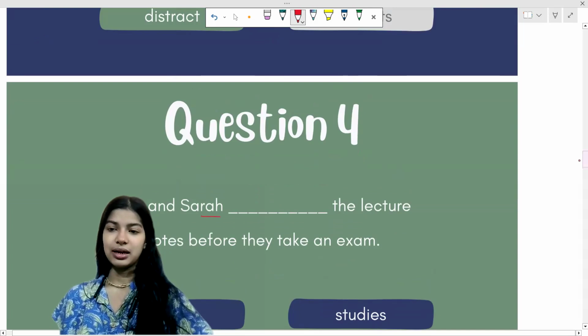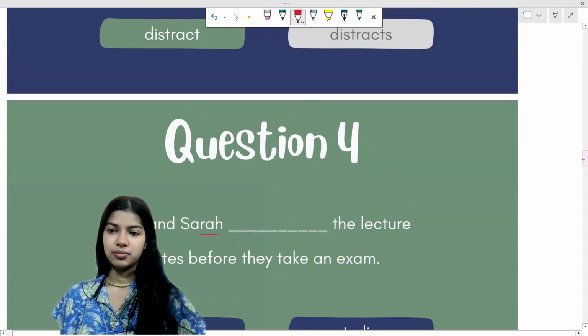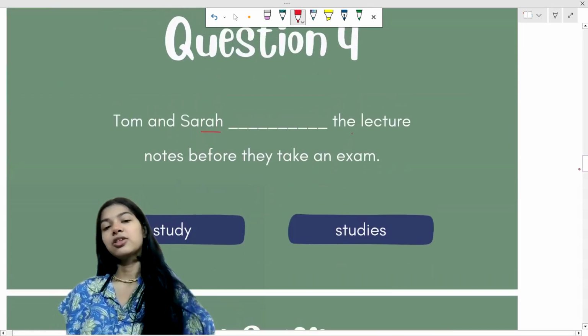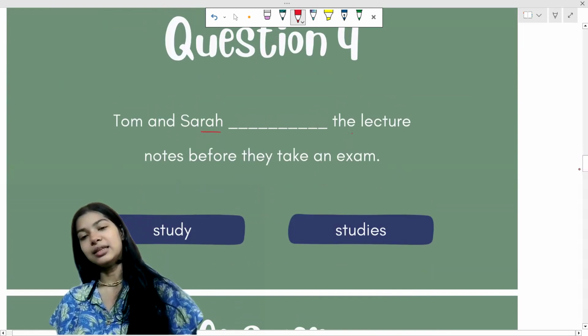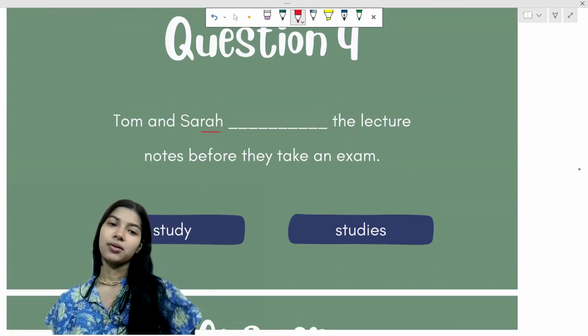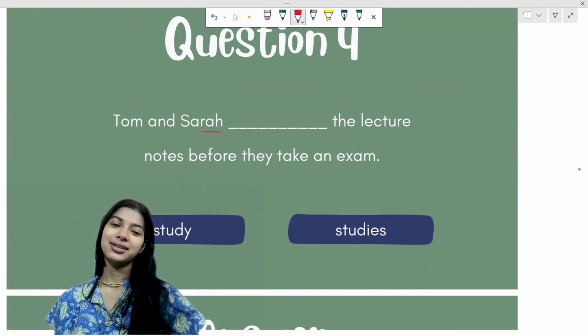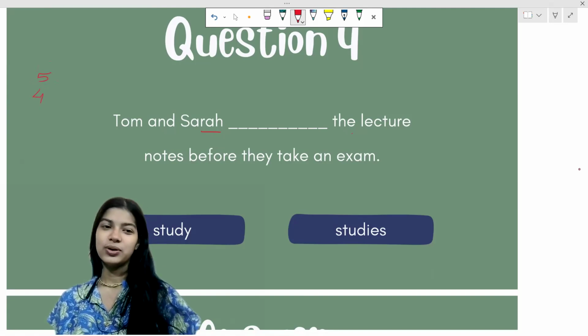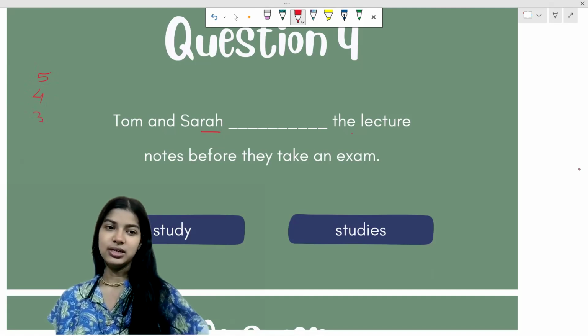Tom and Sarah study or studies the lecture notes before they take an exam. You can go ahead with 5, 4, 3, 2, 1.